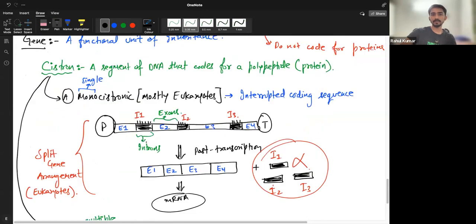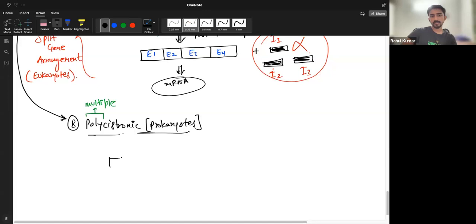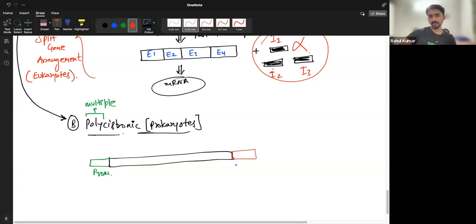So in this case, what happens is you have a structural gene. Before that, you have a promoter. At the end, you have a terminator. And in between, this is the structural gene, right?